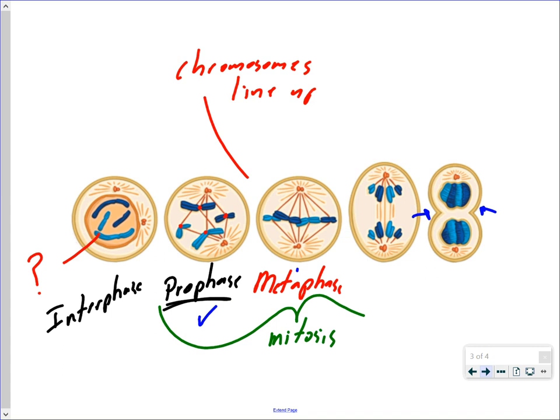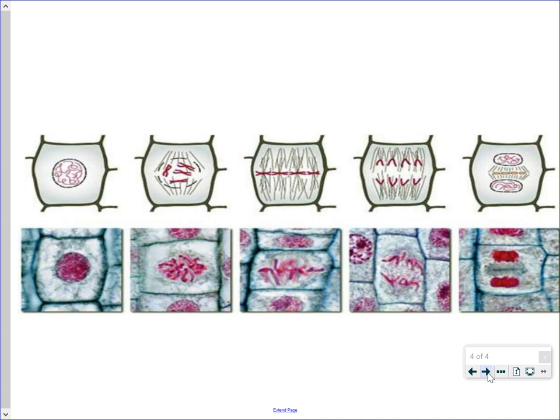So even though we do have the final stage, telophase, maybe even anaphase as well, at the same time, what is also going on here is the cytokinesis. And that then completes our cell division. We started with one cell, now we have two cells. Those two cells are going to be identical to each other.